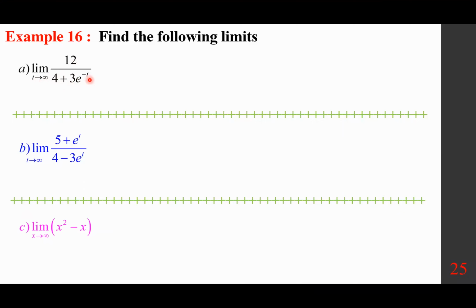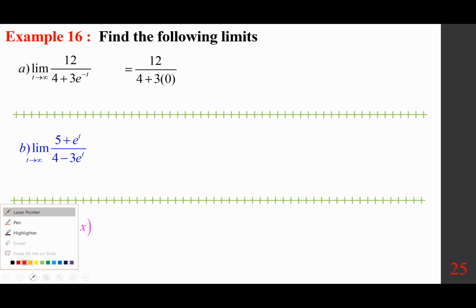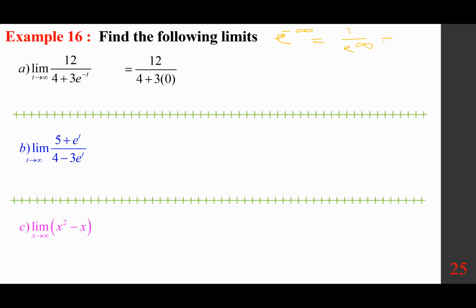When we replace the t with infinity, e to the power of minus t becomes 0. And here's the reason. e to the power of minus infinity is 1 over e to the power of infinity, and that's why it's 0. It has got to do with negative exponential rules, and 12 over 4 equals 3.